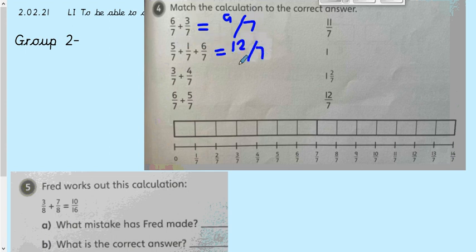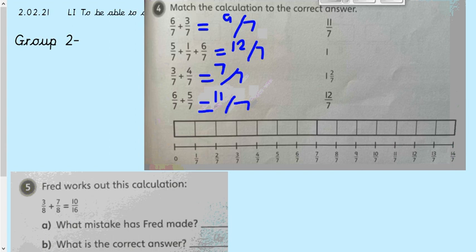So group 2 then, match the calculation to the correct answer. I'm just going to work out the answers and then we can match them up at the end. So 6/7 add 3/7 would be 9/7. This one, 5 add 1 add 6 is 12, so that would be 12/7. This one would be 7/7, and this one would be 11/7.